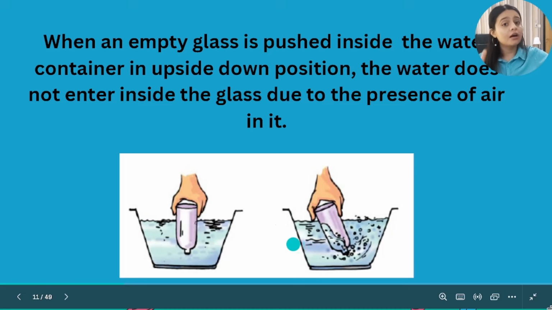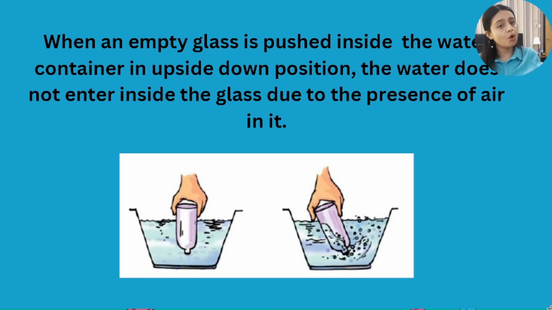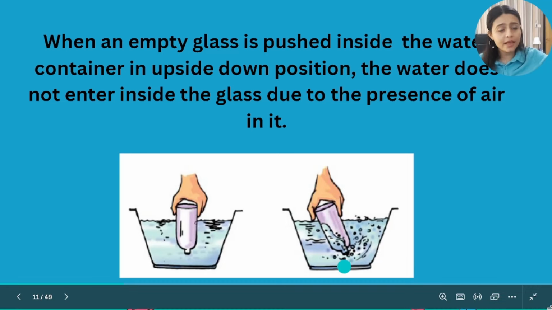When we tilt the bottle a little bit, the water gets inside because it gets space to enter. And you can see these little bubbles in the water. This shows that the empty bottle consists of air.